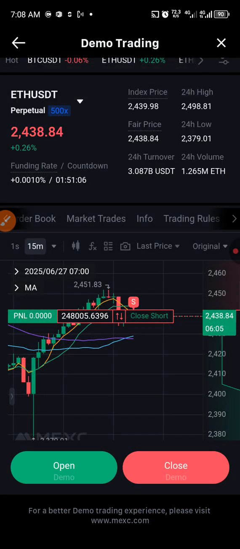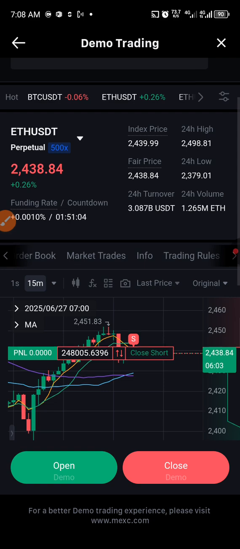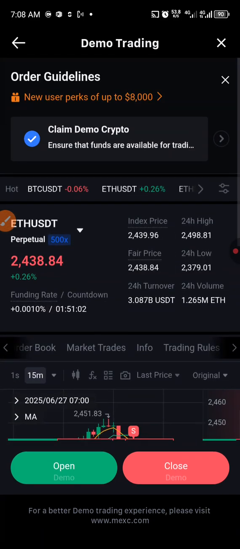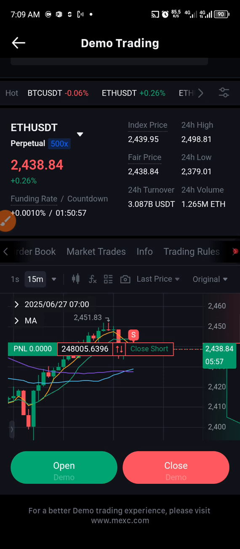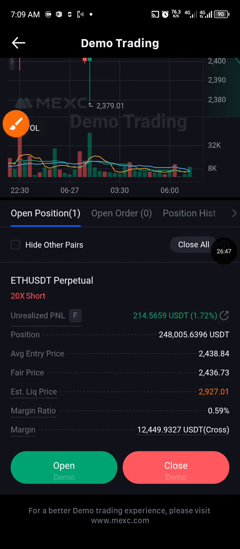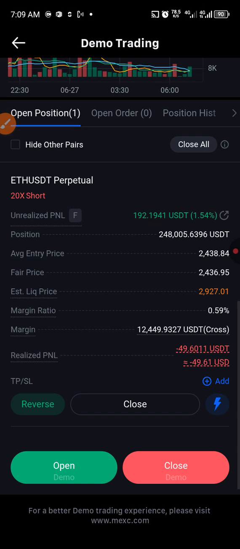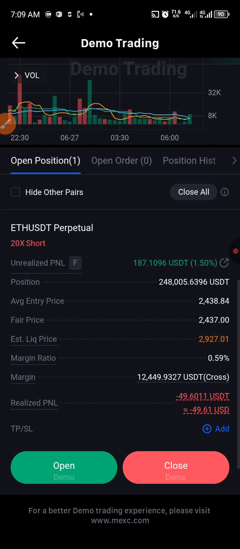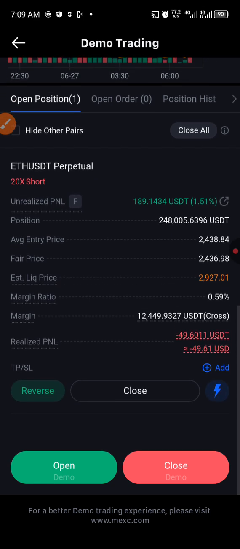I've opened it now. Then let me go back. Okay, so if you check downward there, you will see that my trade is currently open, and you will see that I'm on profit.